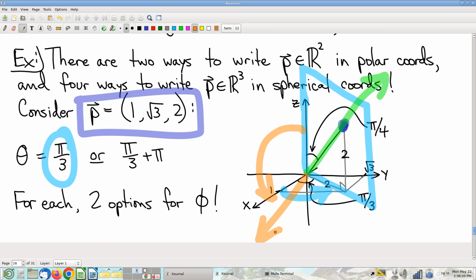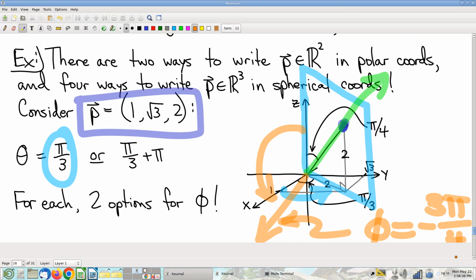So, still using theta equals pi over 3, a negative value of phi. This would be phi equals negative 3 pi over 4.